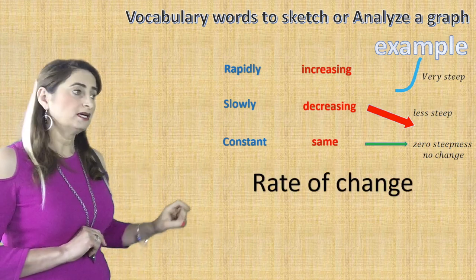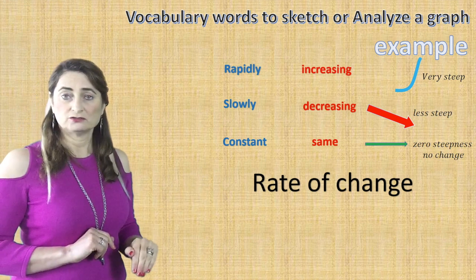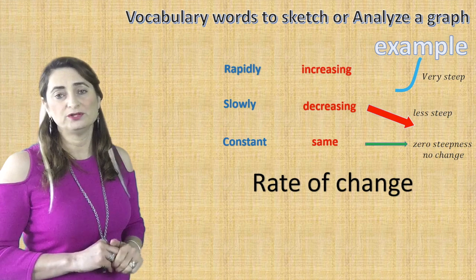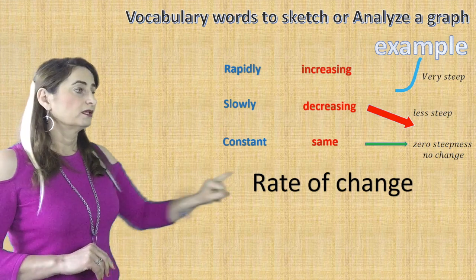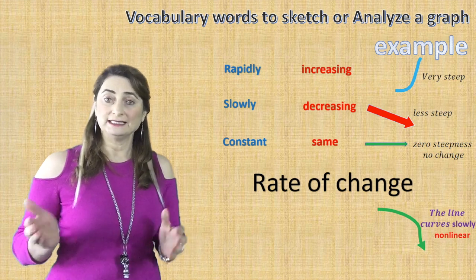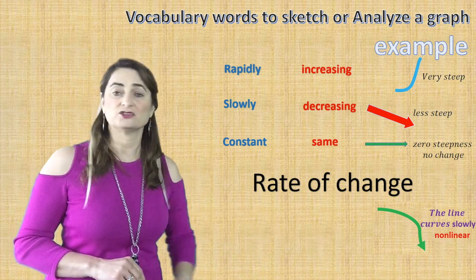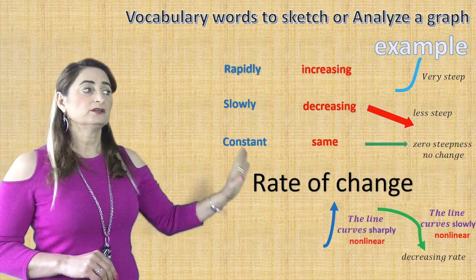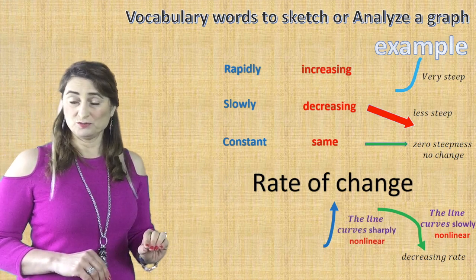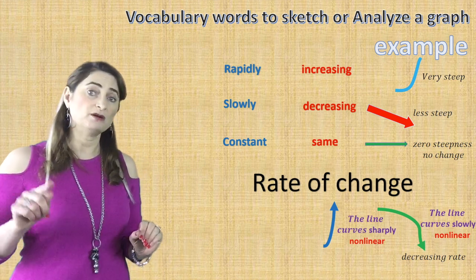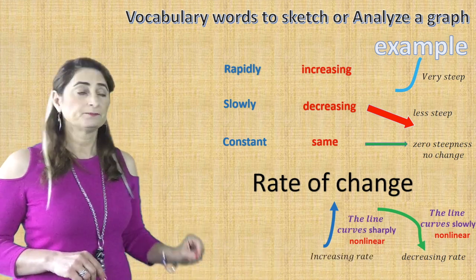Another thing we need to discuss is something called rate of change, which we already talked about comparing the rocket with the car. The green line curves slowly, which means non-linear, so the word we use for that is decreasing rate. The blue line curves sharply, which means non-linear because it does curve, and since it's sharp, it's an increasing rate.